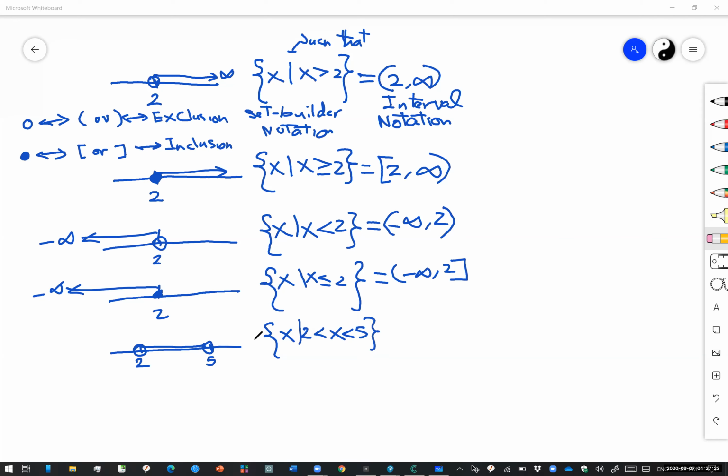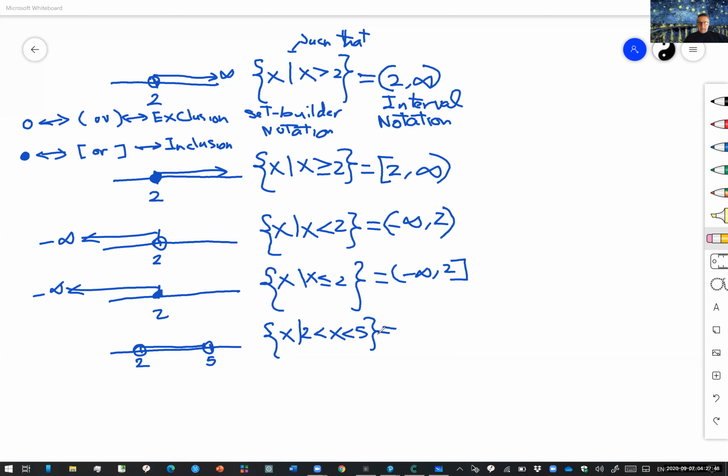So the way you read this, you say all real numbers x between 2 and 5, and you don't say anything else. As long as you just say all real numbers between 2 and 5, that automatically means that 2 and 5 are not included. Do you understand?